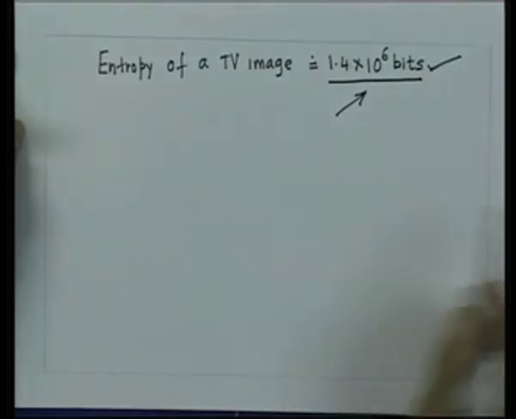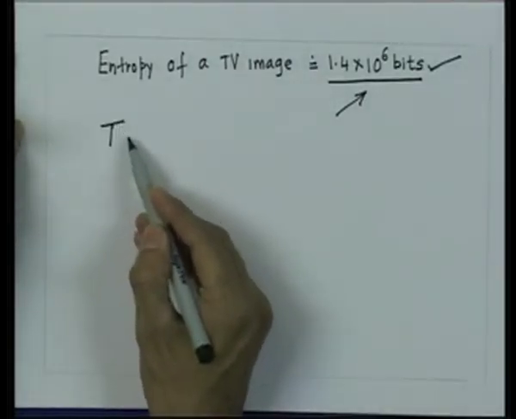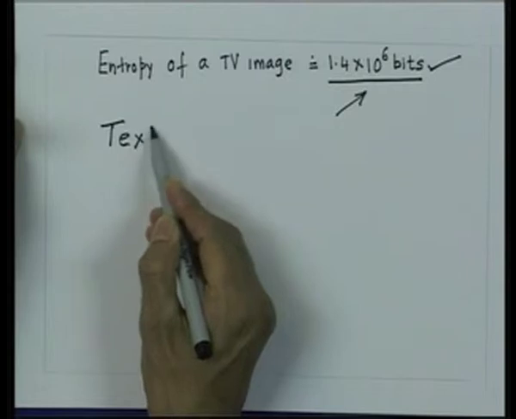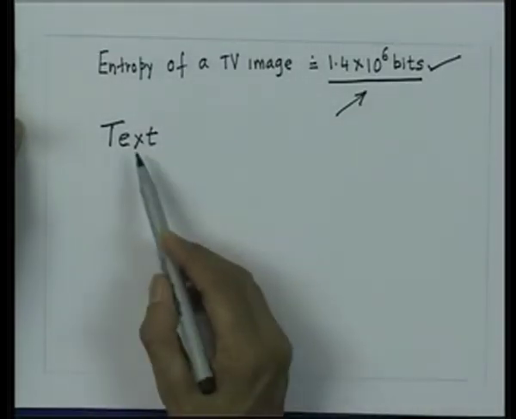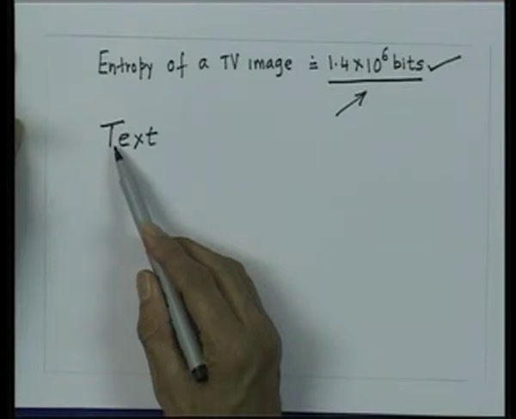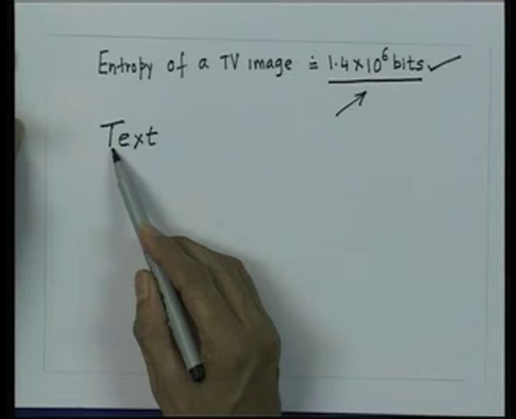Another example is, if you look at English text, you will find that the occurrences of the characters in the English text are not independent.